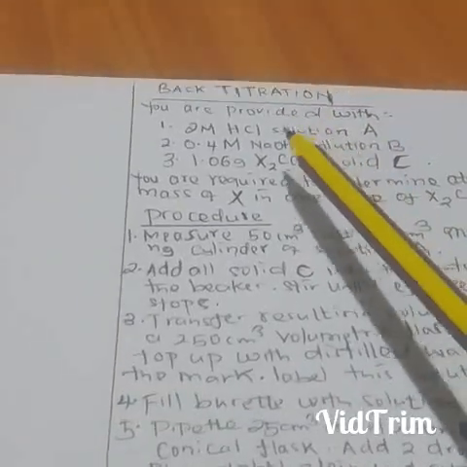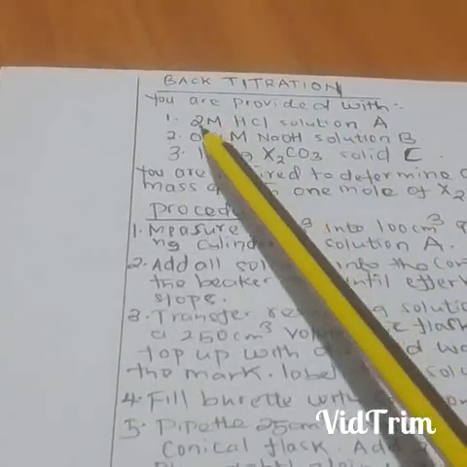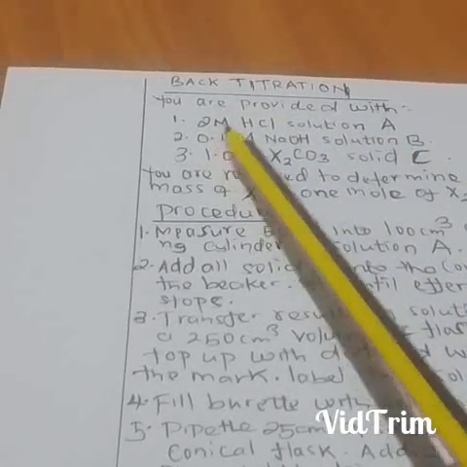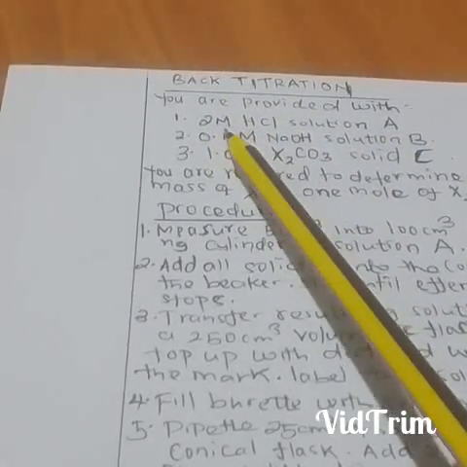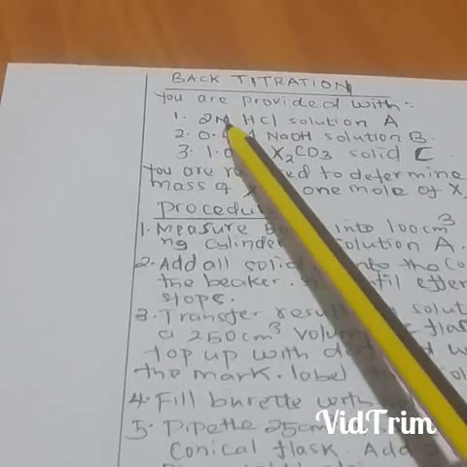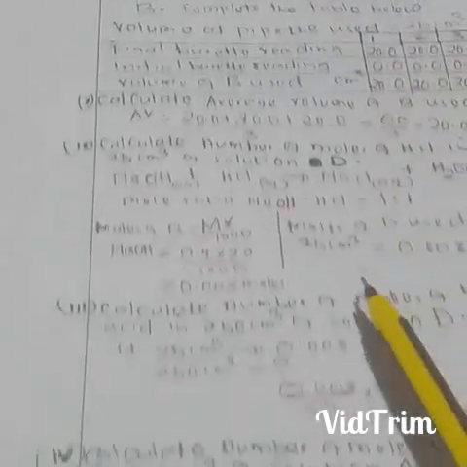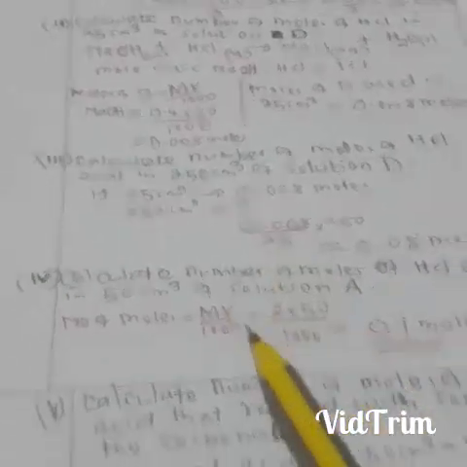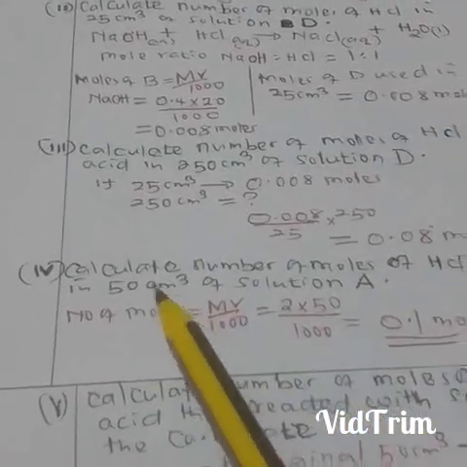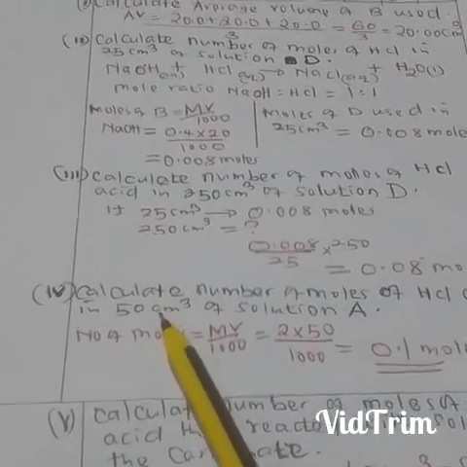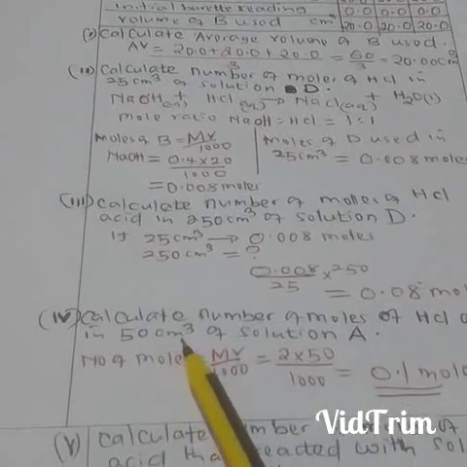solution A was the original solution, that's the HCl solution A, whose molarity is 2 molar. So the molarity of the original solution is 2 molar. Is it okay? So let us come back to that question Roman 4. The volume, the original volume that we measured in a measuring cylinder from the procedure, is 50 centimeter cube.